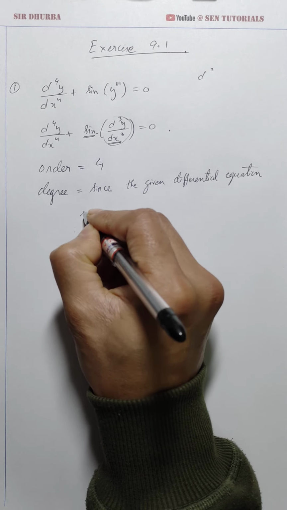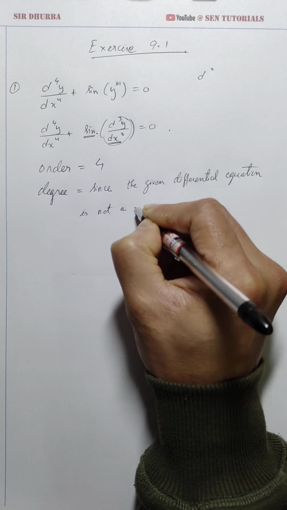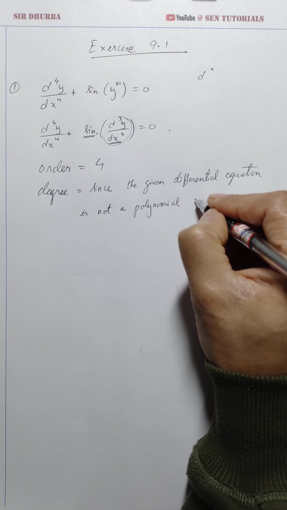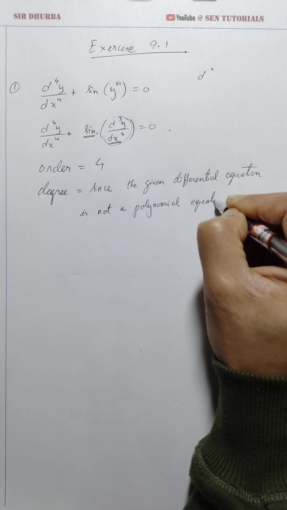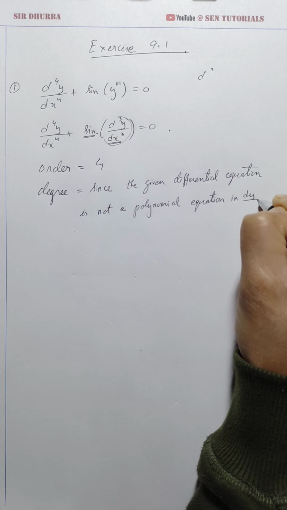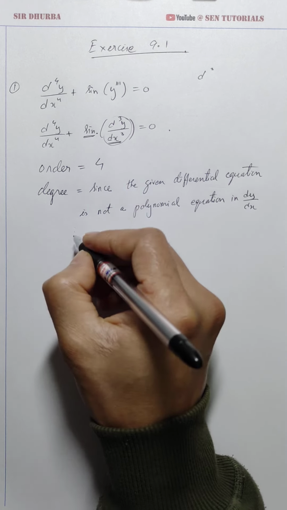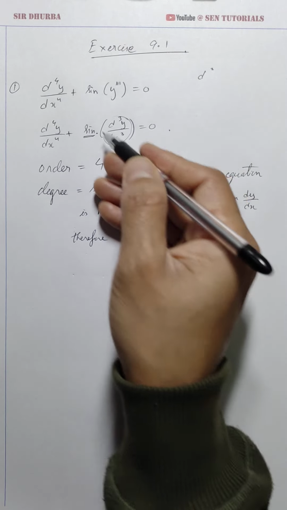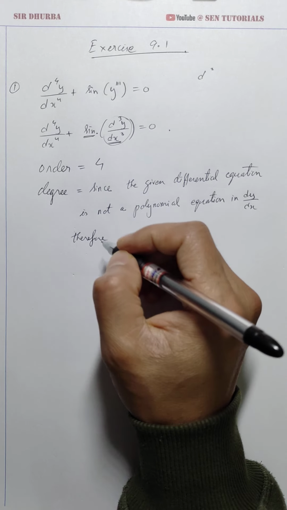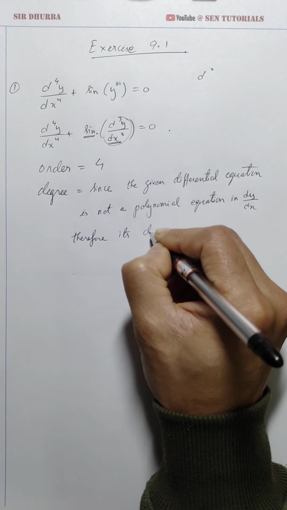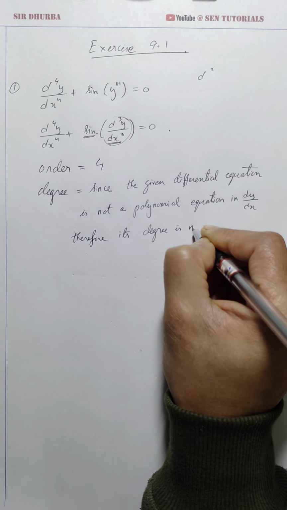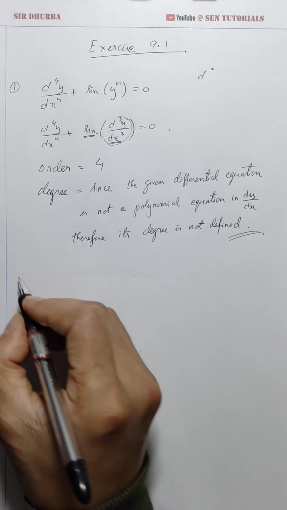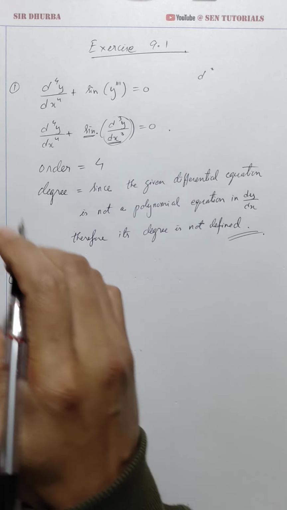So since the differential equation is not a polynomial equation in dy by dx, therefore its degree is not defined. Clear na? I hope things are getting better now.